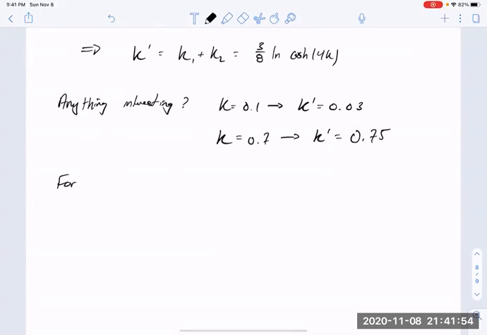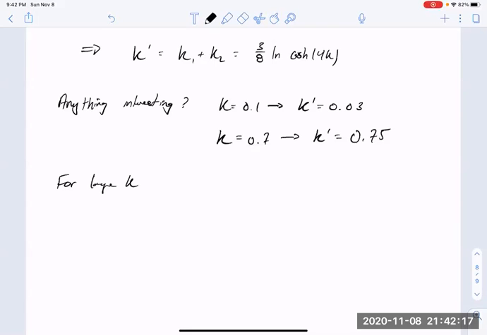Let's do this a little more carefully. For large k, the map, k prime goes to 3/8 log hyperbolic cosine of 4k. Well, if k is very big, the positive exponent in hyperbolic cosine will dominate. I'll get log of e to the 4k.